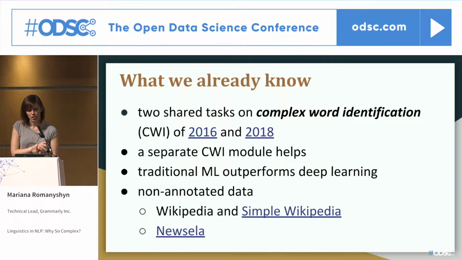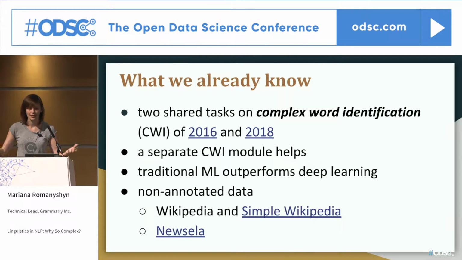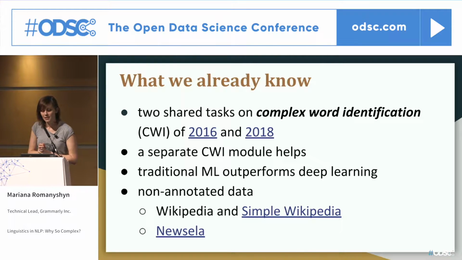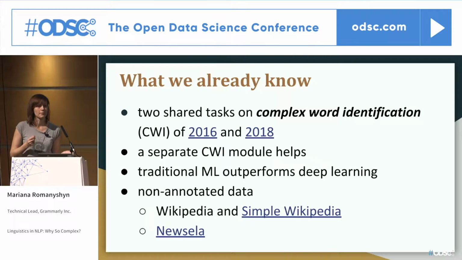What we learned from this shared task is, first, that a separate complex word identification module helps build the complex word simplification system, the lexical simplification system. So we would probably want 2 separate modules. The second thing that we learned is that traditional machine learning outperforms deep learning for complex word identification.